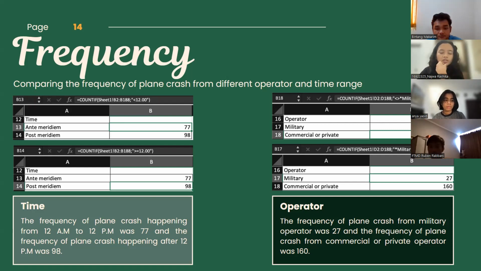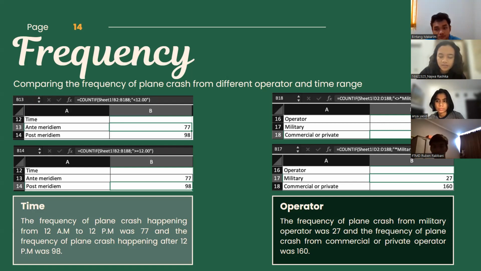And then we want to know how many plane crashes happen from different operators, since there are military, commercial, and private. So we use COUNTIF, and the condition here for the commercial or private, we use less than and greater than, and then star military. It means it's excluding the military, so it will read the operators outside the military, and then we got 160.